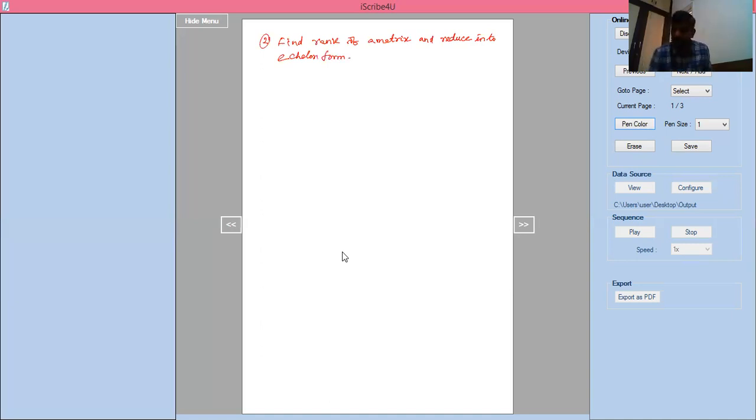So the first one we can take as the solution. Sorry, I'll give the matrix here. The matrix should be 1, 1, 1, 1. And the next row should be 3, 0, 1, minus 6.